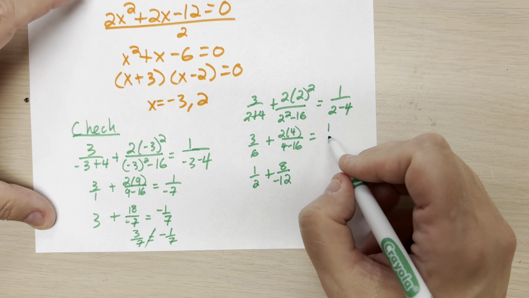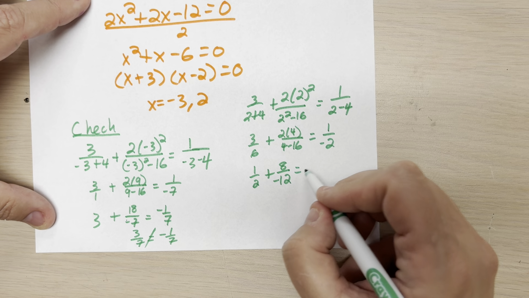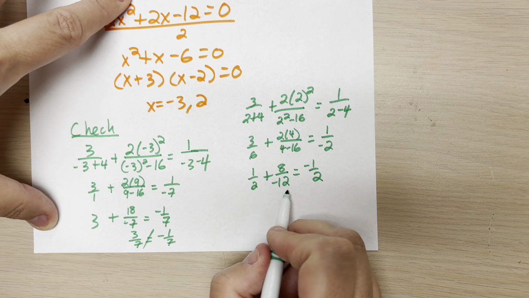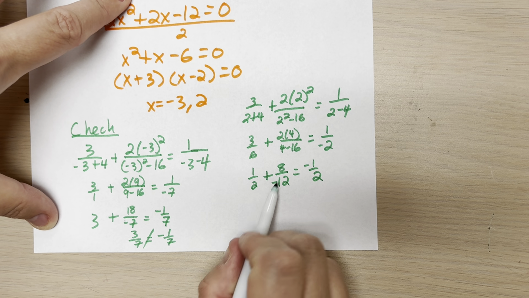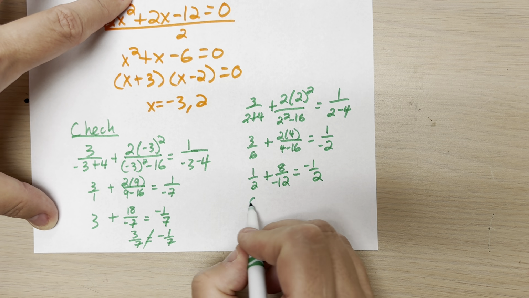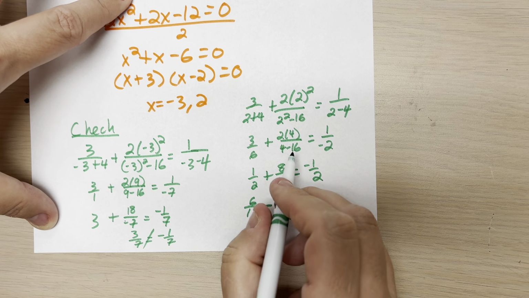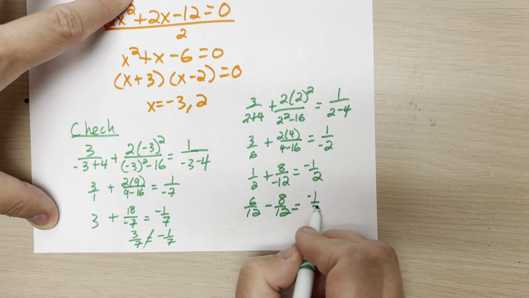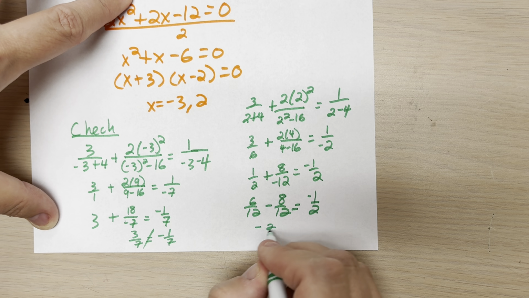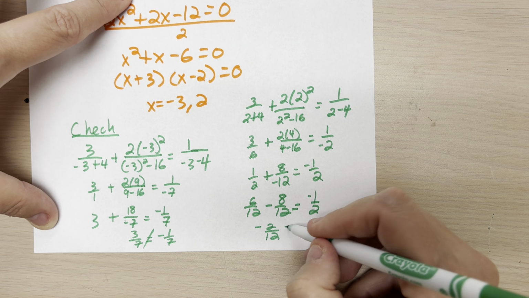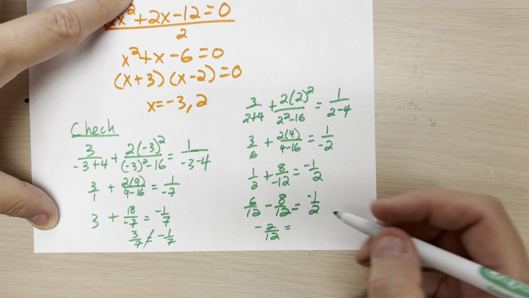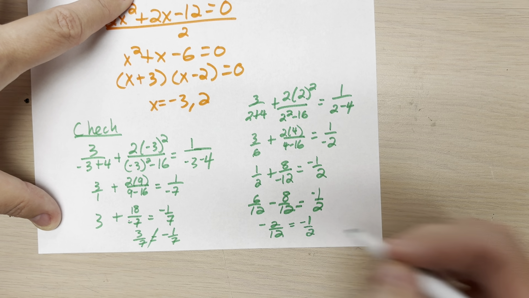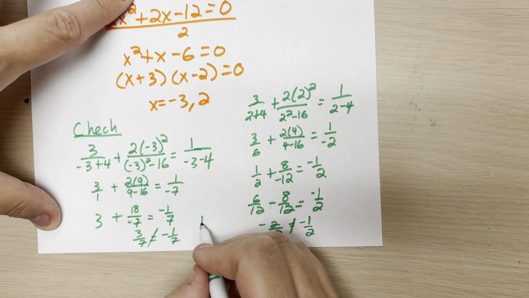And that should equal 1 over negative 2, or negative 1/2. Okay, so 1/2, if I convert that to 12ths, well, wait, I can reduce, now let's go to 12ths. So 6/12 minus 8/12 is negative 2/12. And that is not the same as negative 1/2. So this one has no solution.